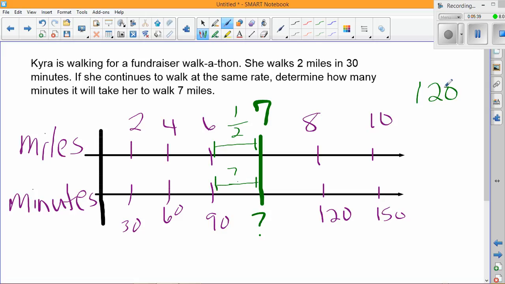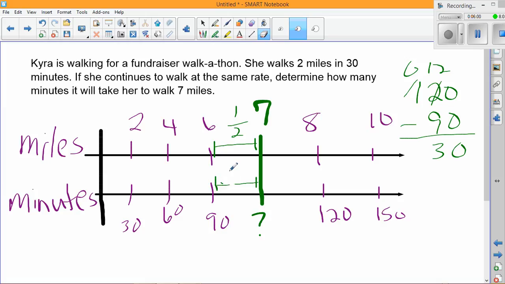So you take 120, you take away 90, and this becomes 30, and that means that the space there is 1/2 of 30. And we've got to figure out what is 1/2 of 30.